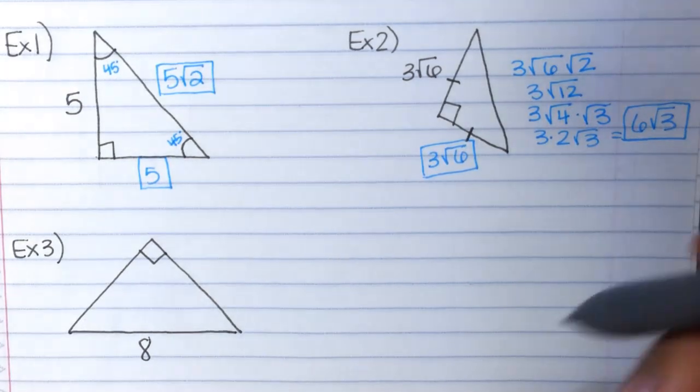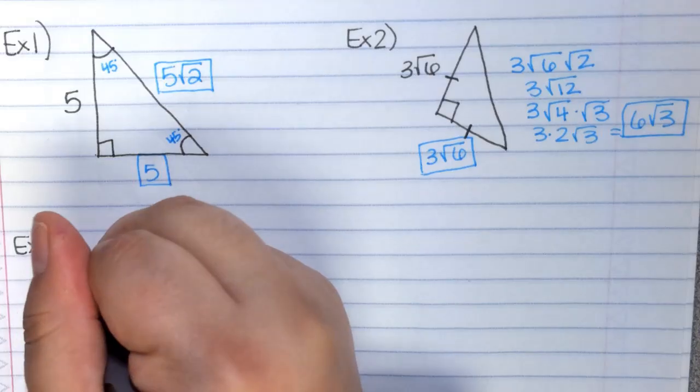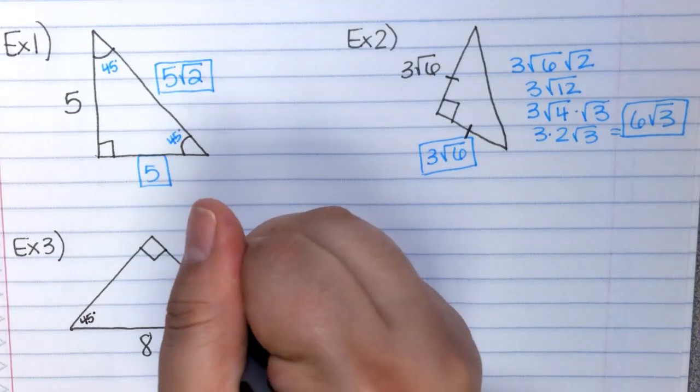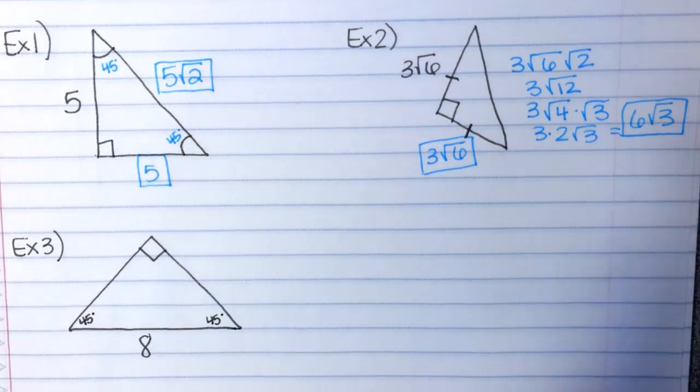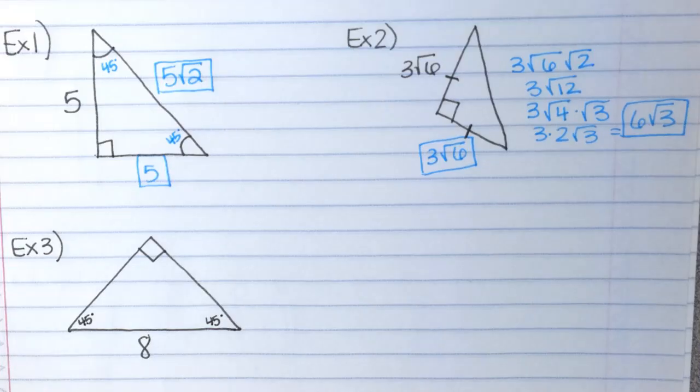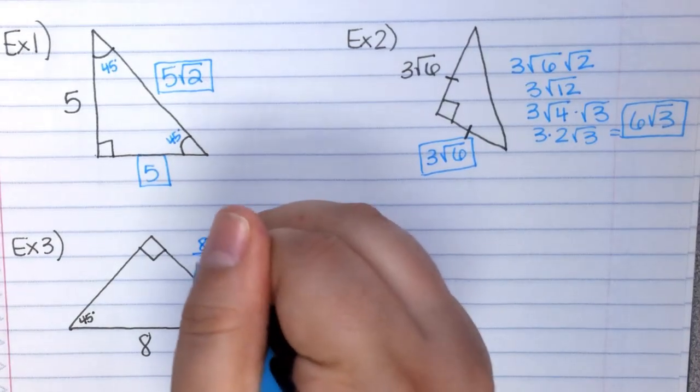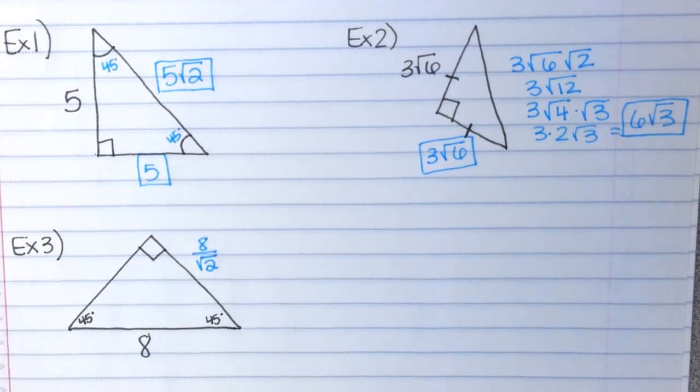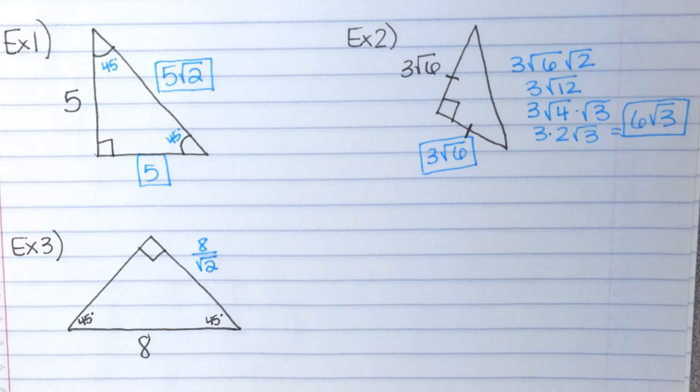Oh, I need to give you more information. So this one I'm specifically telling you it's a 45, 45, 90, and I'm giving you the hypotenuse. How do you find the legs? Divide by square root of 2. 8 divided by square root of 2 is the leg?